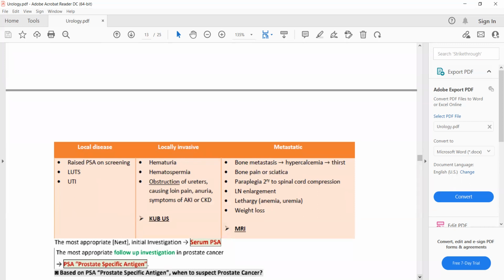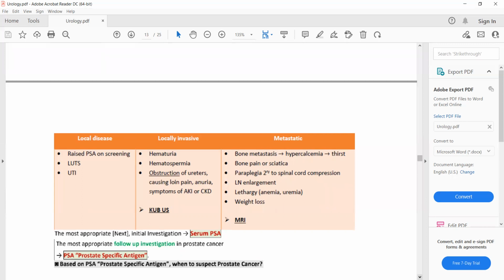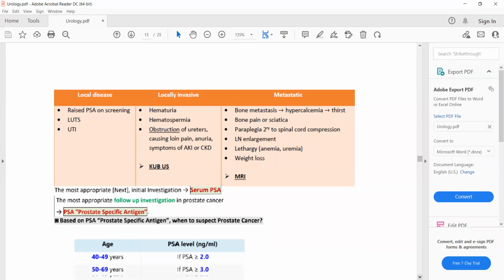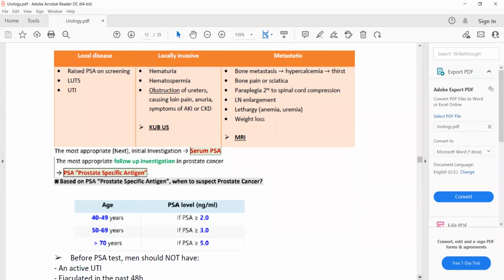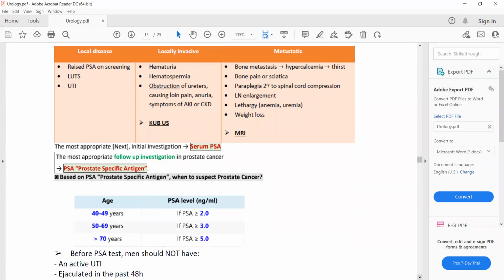So a patient with lower urinary tract symptoms and on digital rectal examination, there is a nodular or irregular prostate gland, then the most appropriate next investigation will be serum PSA, prostate specific antigen. And there are specific levels of PSA depending upon the age of the patient.